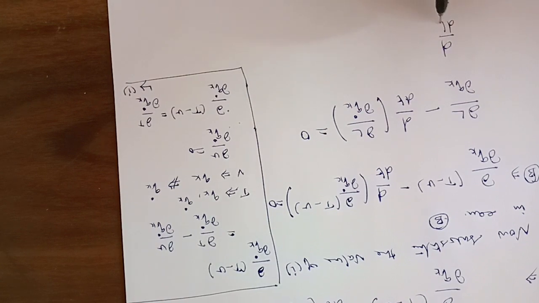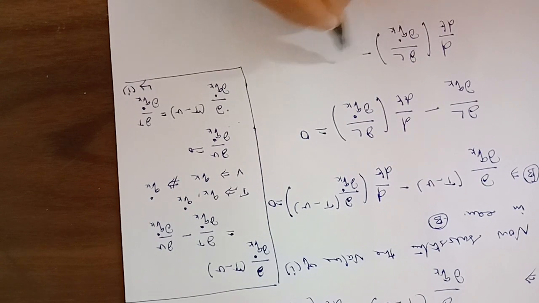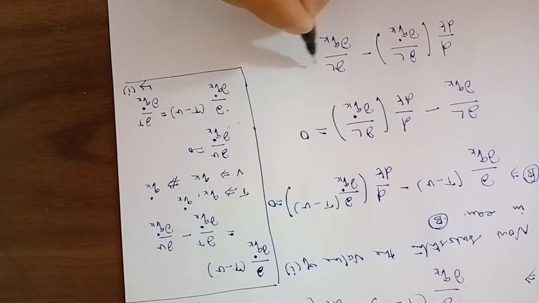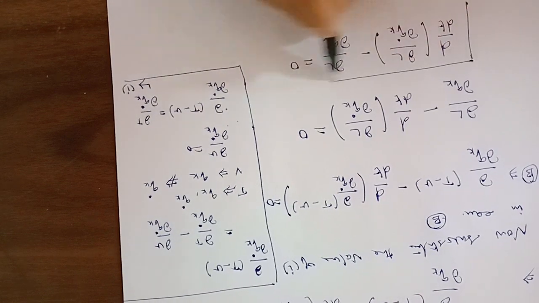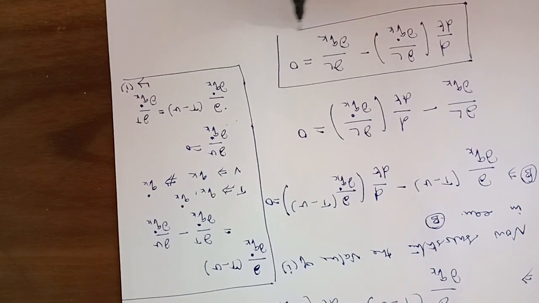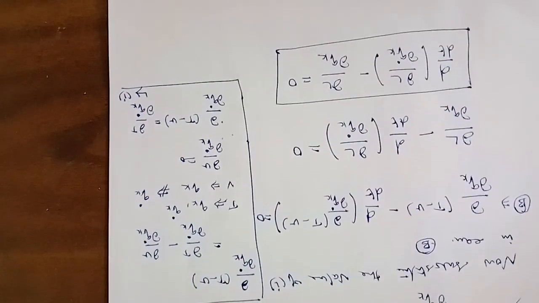Therefore d by dt of dou L by dou qk dot minus dou L by dou qk is equal to 0, which is nothing but the Lagrangian equation of motion.